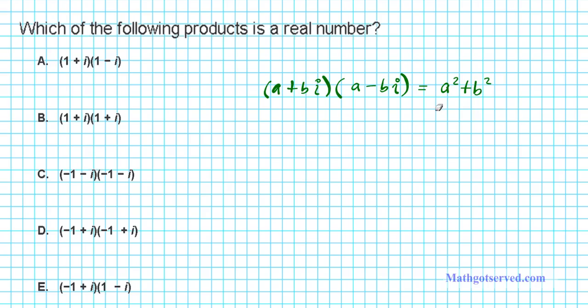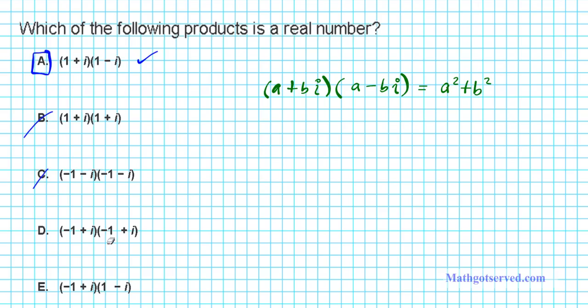So if you look at all these options right here, do you see an expression where only the sign of the imaginary part is inverted? Let's see. This option A is perfect because if you notice, the ones stay positive and the sign of the imaginary part is inverted, so this is great. In this one, none of the signs change. That's no good. In this one, both of them change. That's no good.